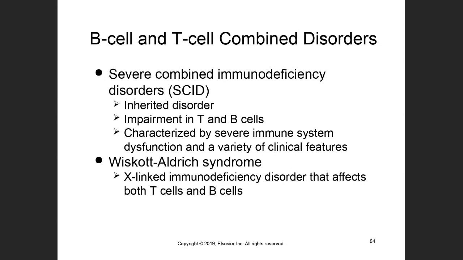There is SCID, which everybody knows as SCID, severe combined immunodeficiency disorder, impaired T and B, okay, both. The way that we learn those diseases is according to the cell that is affected, okay? So SCID affects both T and B. Characterized by severe immune system dysfunction. Most of the time they call them the bubble babies, okay?